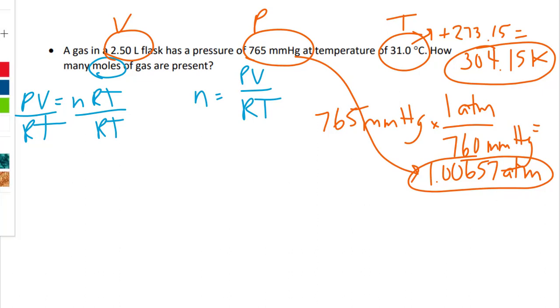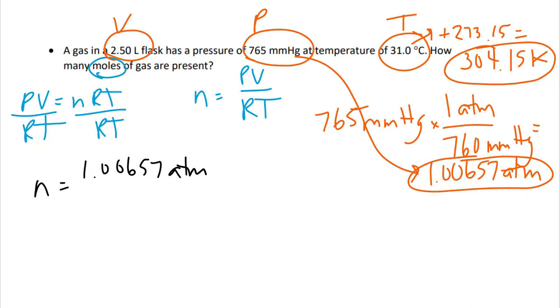Now we can plug it in. So we said N was equal to my pressure, which is 1.00657. So that's my P, and my V is 2.50 liters.